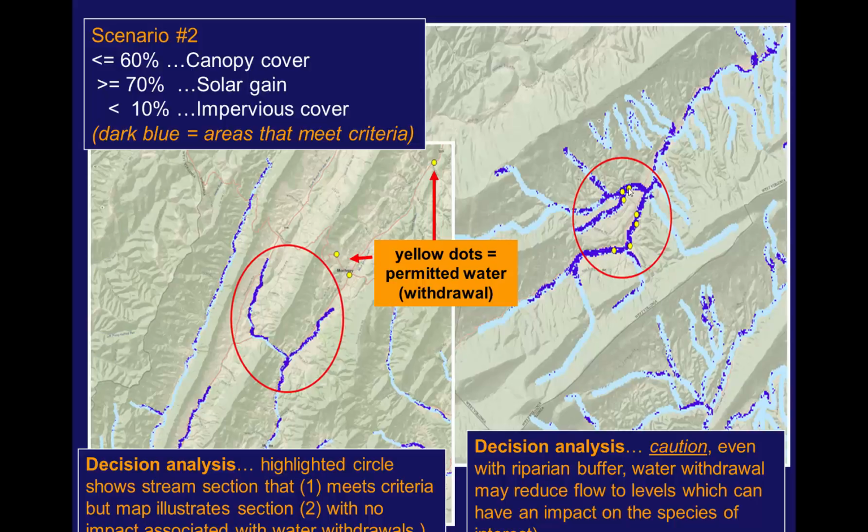So while the riparian corridor met the parameters you designated, there may be some impacts to flow, so even if the habitat and the vegetation are restored, it may still not be enough to support the populations of species that you're concerned about. This is just one example of additional data that you might want to consider incorporating. It could be something completely different from permitted water withdrawals, but incorporate other data layers that may have an impact on the riparian habitat that you're concerned about.